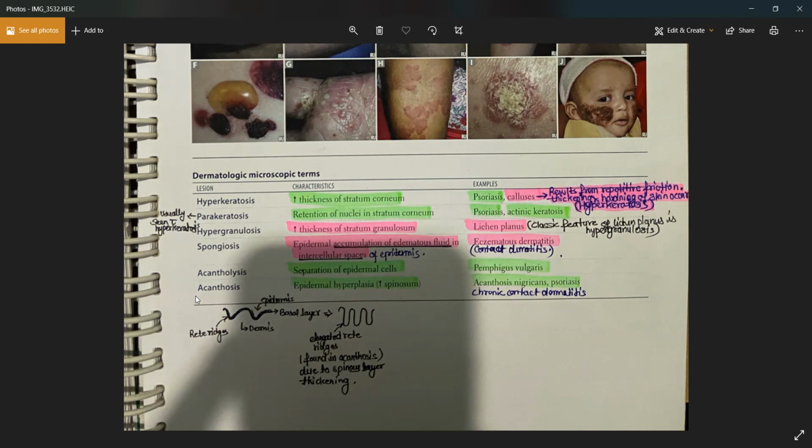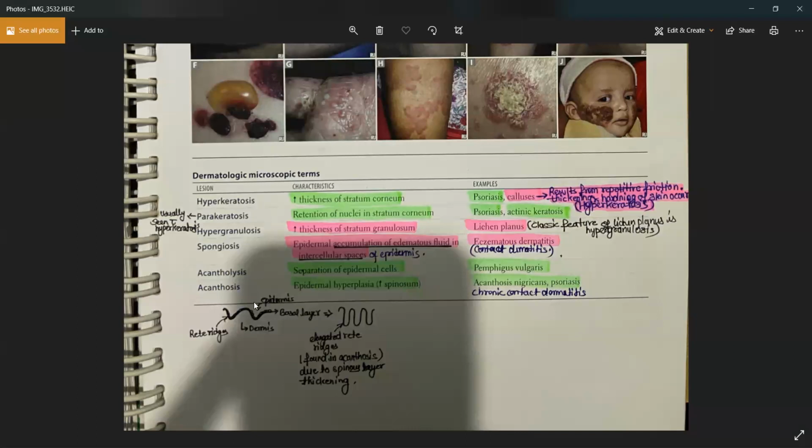And then you have acanthosis. In acanthosis, you have proliferation of every layer of the skin. In hyperkeratosis, you have just a proliferation of the stratum corneum. But in acanthosis, you have hyperplasia of the corneum, lucidum, spinosum, granulosum, basale, every layer of the skin.